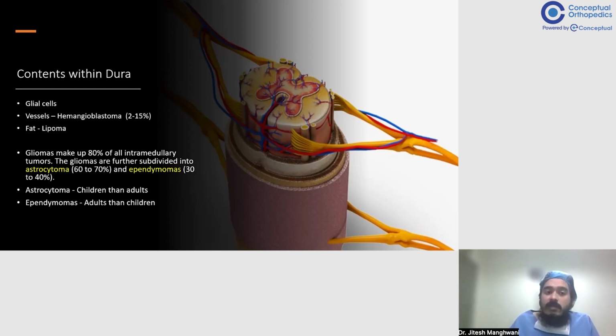So there are three main contents: glial cells, vessels, and fat. Depending on the origin, it may be a glioma if from the glial cells, hemangioblastoma if from the vessels, lipoma if from the fat. Gliomas can be further divided into astrocytomas and ependymomas, and the prevalence of astrocytoma is more in children, and that of ependymomas is more in adults.